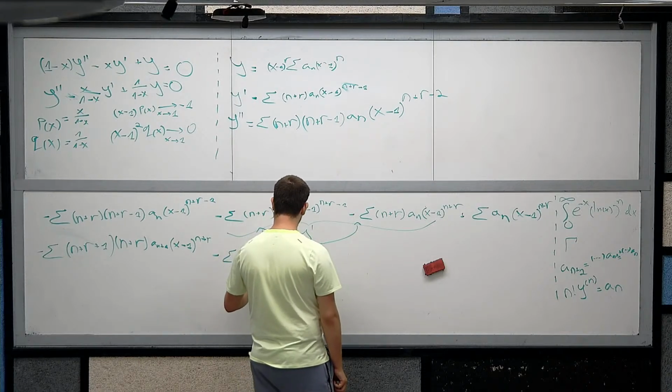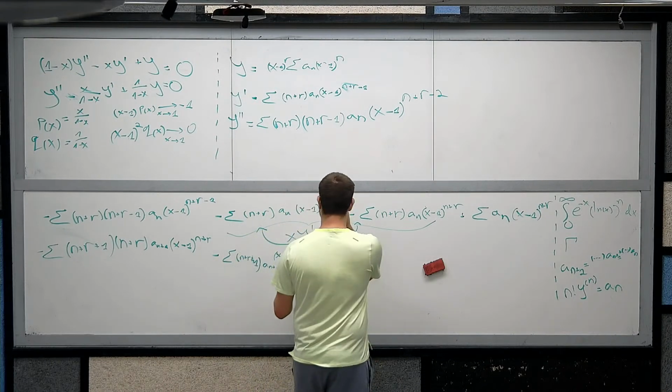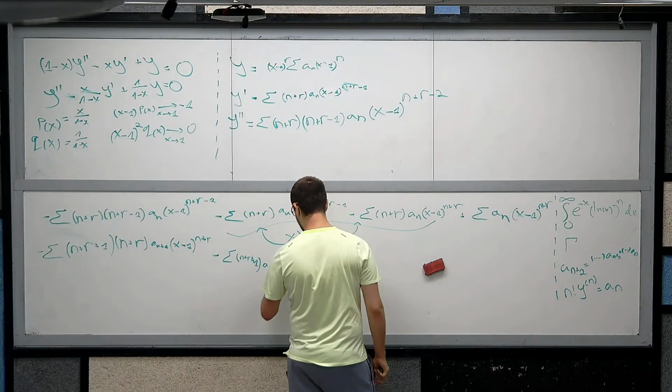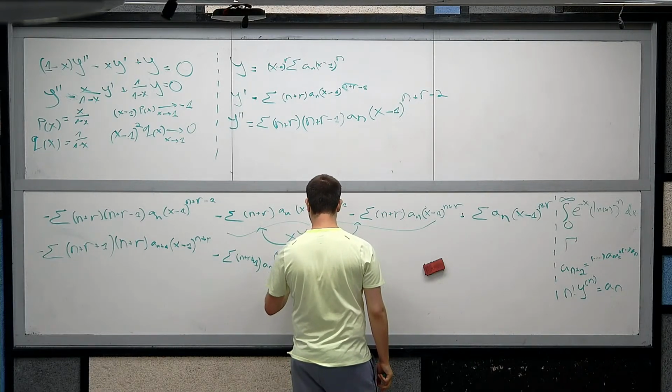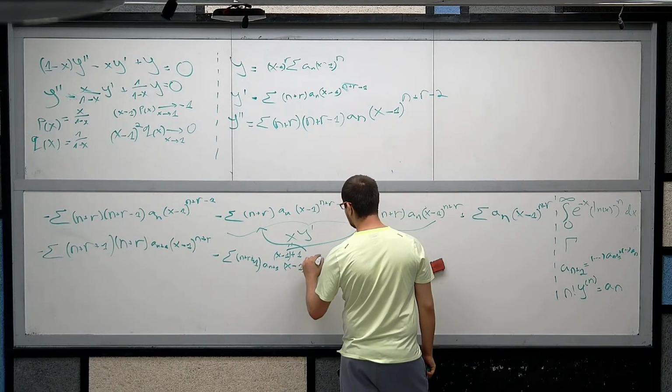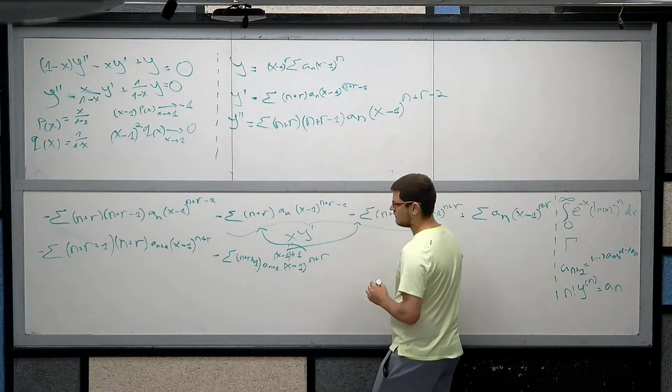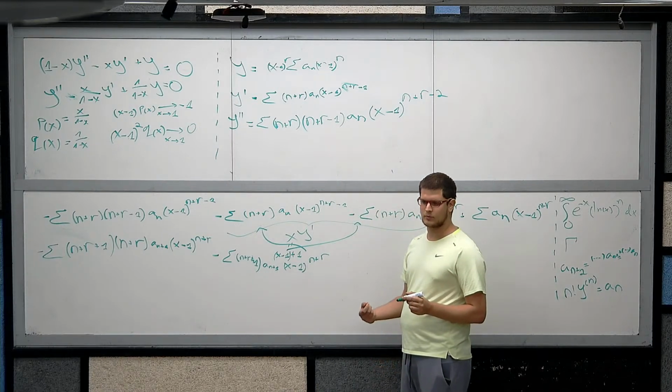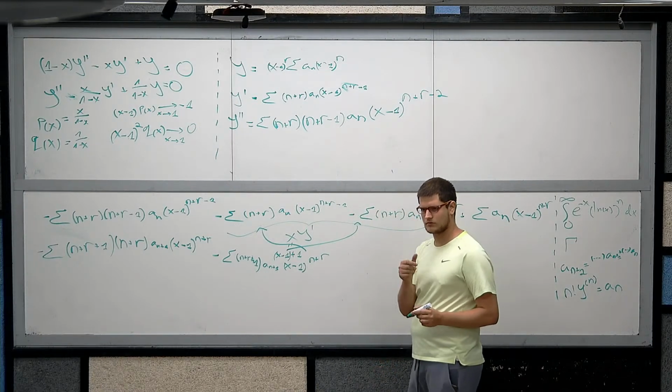Everyone know how to do that? I'm not doing it too quick. You just redefine n, redefining n as n plus 1.